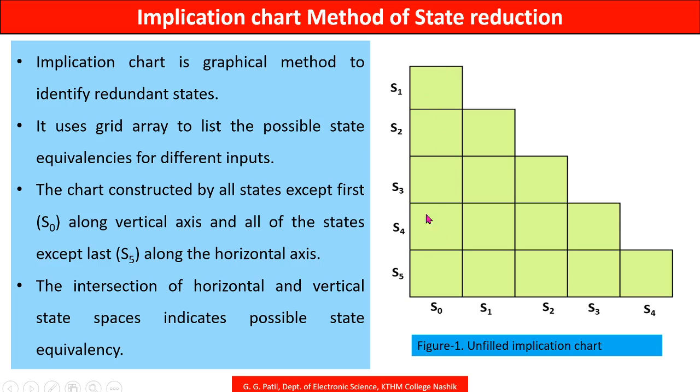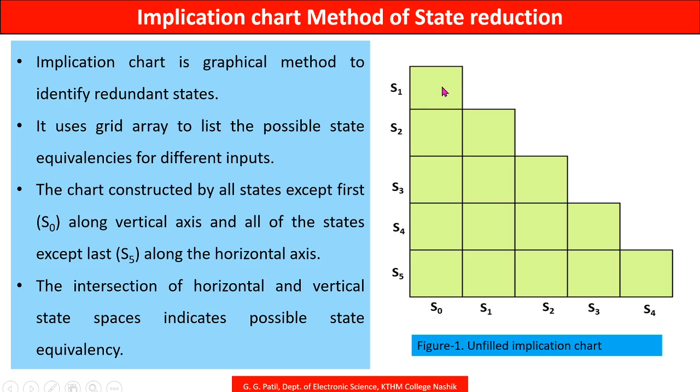columns. All the states except the first one are to be taken, that is, S0 is not taken here. It is started with S1 up to S5, and along the horizontal line we take all the states except the last one. Since S5 is the last one, it is not taken here, and each square shows the possible state equivalencies.